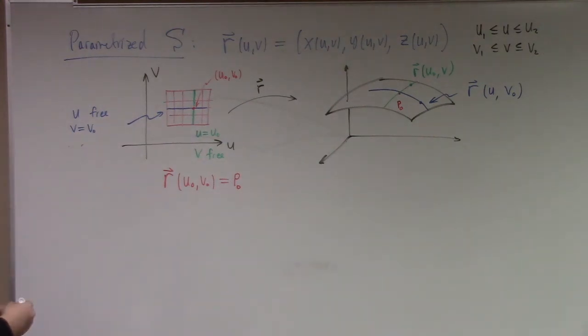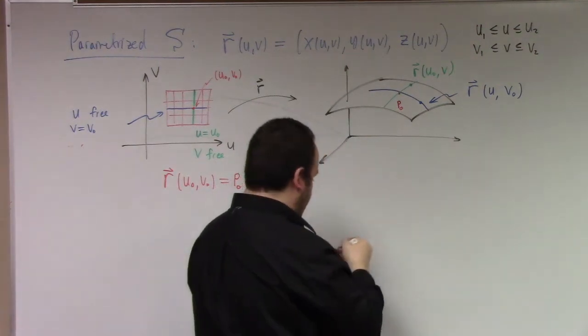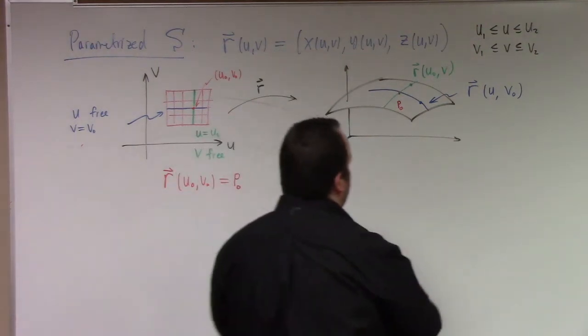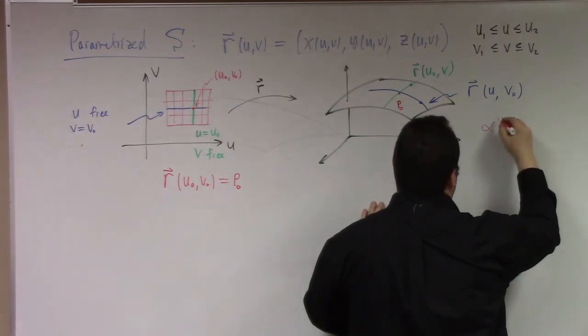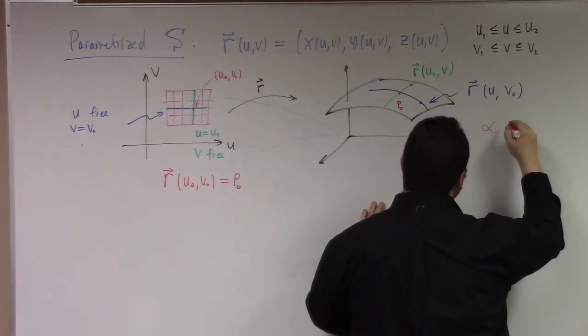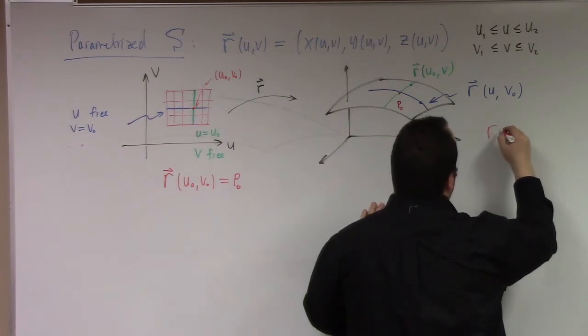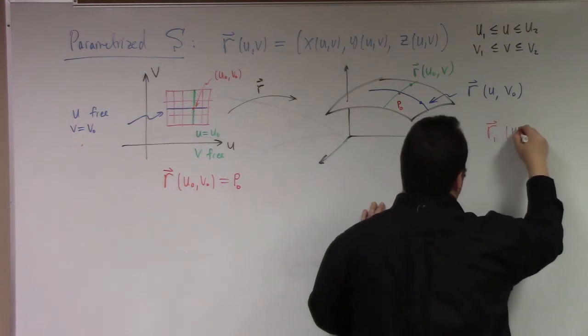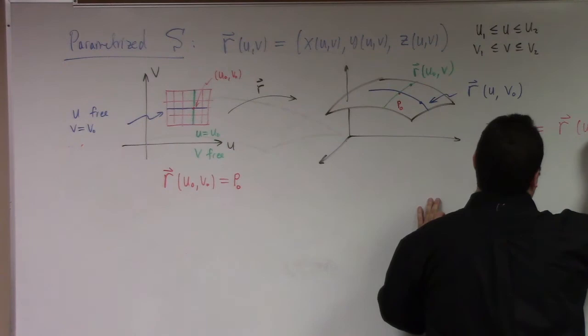Okay, so what can we do? We can find the tangent vector for the blue curve, right? So let me just give it a different name. Let me call it R1. R1 of u, right, is R of u comma v naught, right?